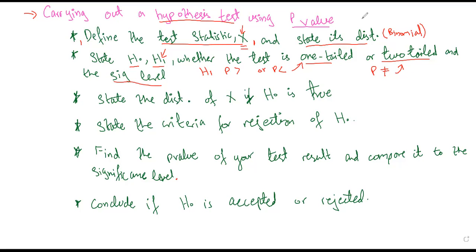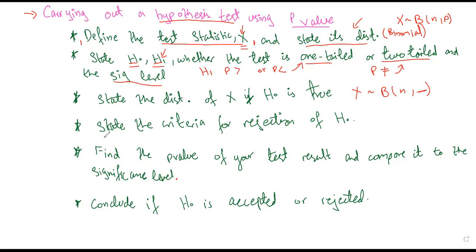When we stated the distribution in the beginning, we just wrote that X is binomially distributed, with the number of times and P. After the discussion of H naught and H1, in this part we write X ~ B with the number of times we are attempting the experiment, and the p value, the probability of success.